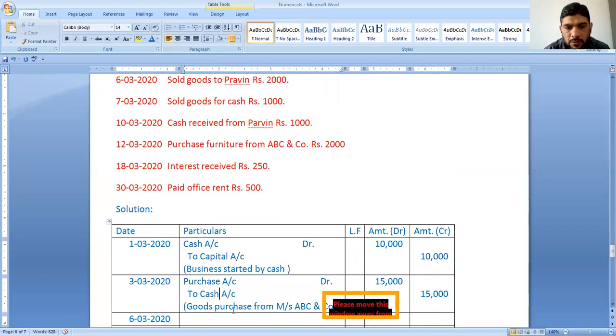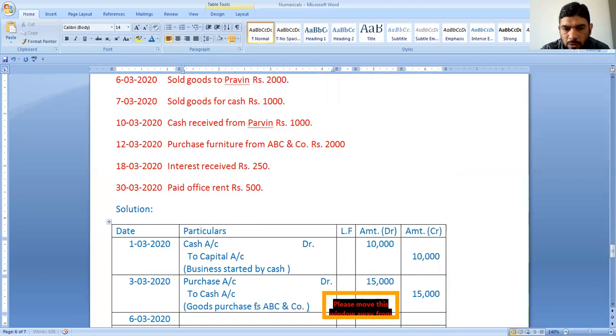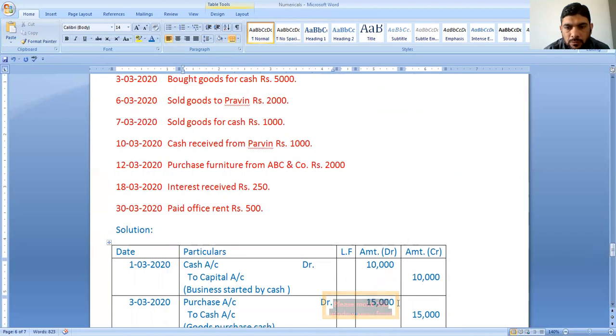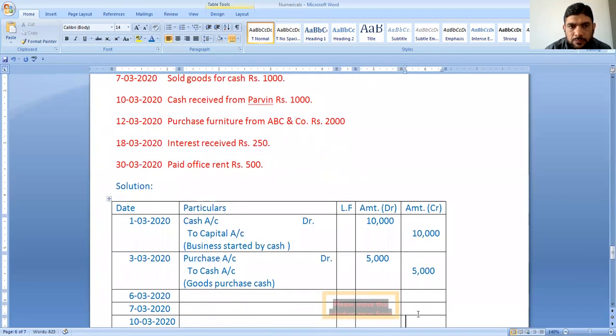Cash account will be credited. So goods purchased by cash, and the amount is here 5,000. So we will write 5,000 and 5,000 over here.